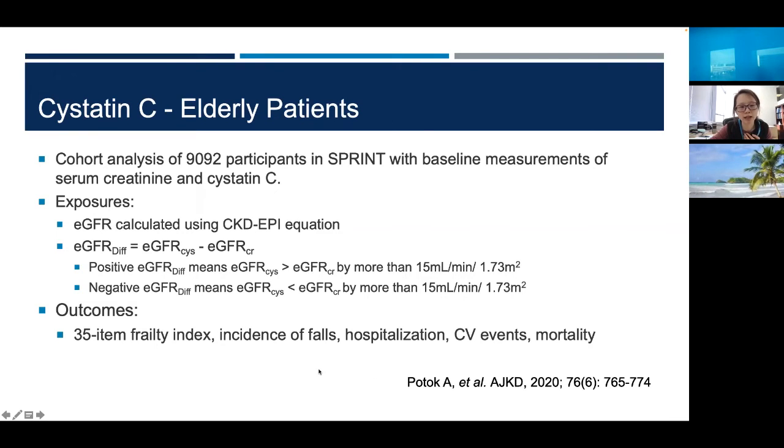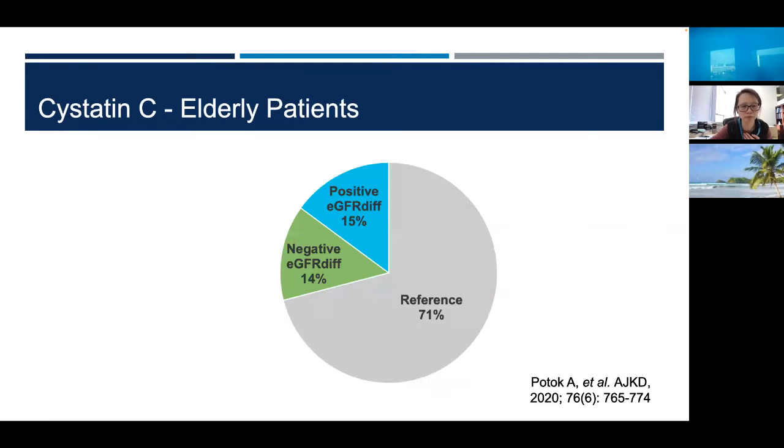Then they looked at outcomes like frailty, incidence of falls, hospitalization, cardiovascular events, and mortality. What they found is that a little over 70% of the patients in this cohort had a congruent eGFR, whether calculated based on cystatin C or creatinine.